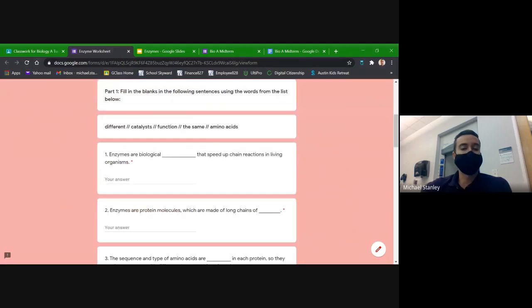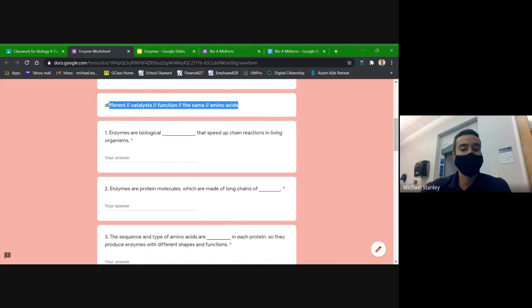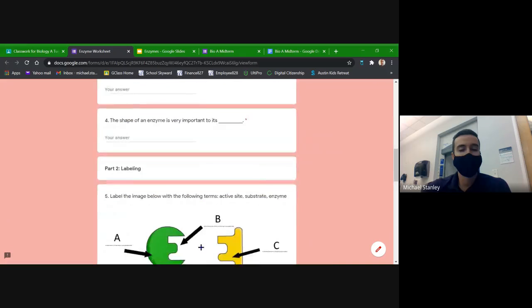So first, there's a little bit of a fill in the blank portion where you're going to use this word bank right here to answer some questions about enzymes, how they are proteins, what they do, what their job is in the cells.